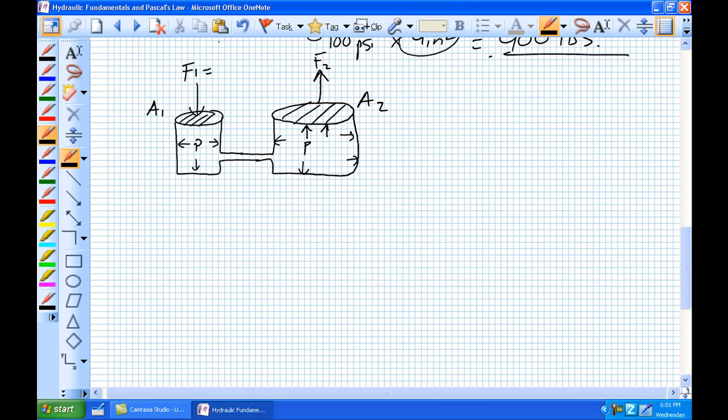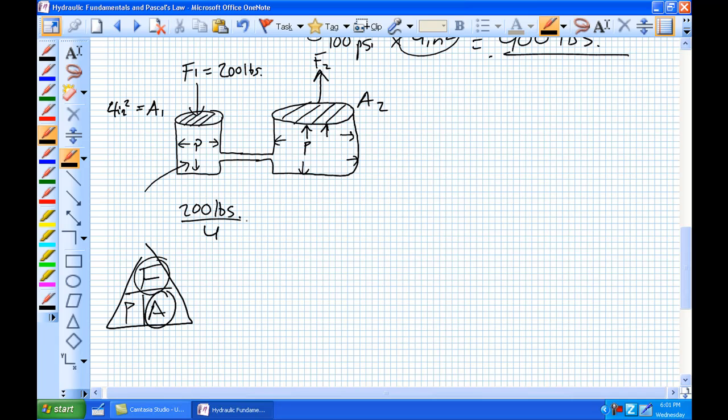So let's put it in some numbers here. Let's say a force of 200 pounds is put on an area of, let's say, 4 inches squared. What is the pressure experienced in this chamber? According to our little triangle, FPA, solve for P, it's F divided by A. 200 pounds divided by 4 inches squared should give us 50 psi.